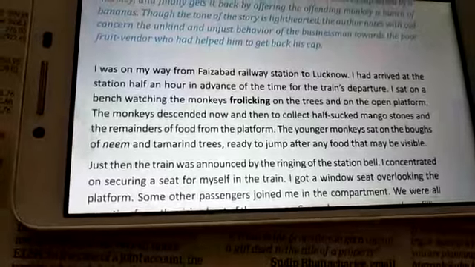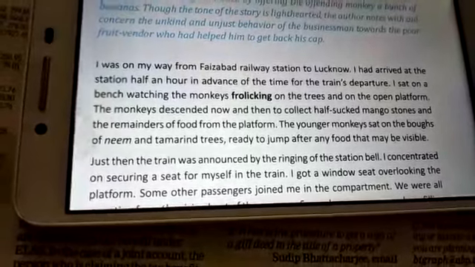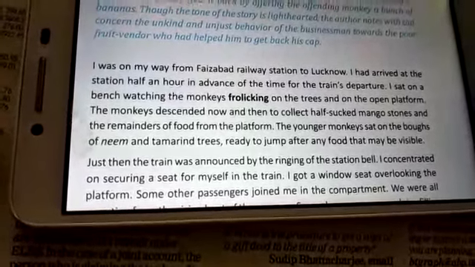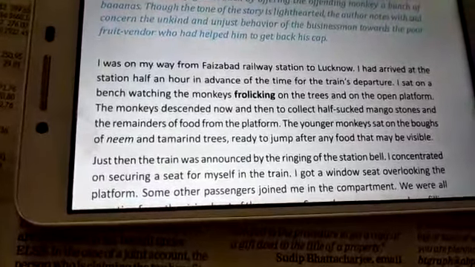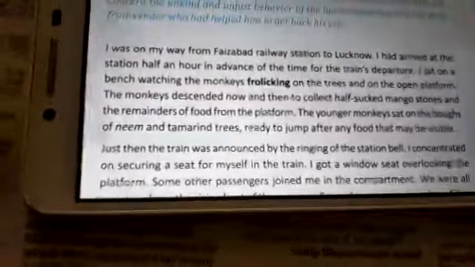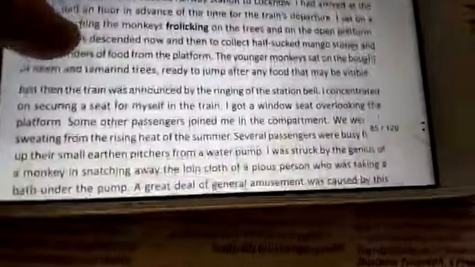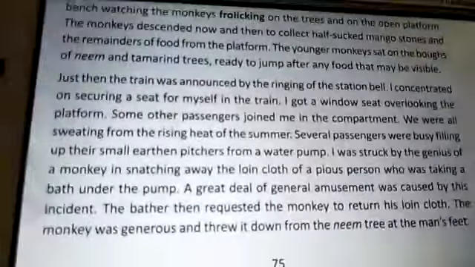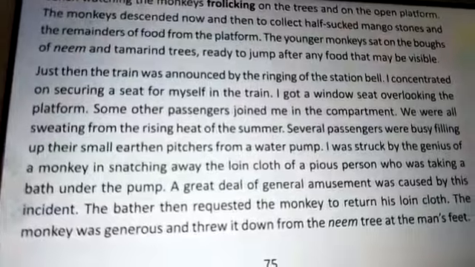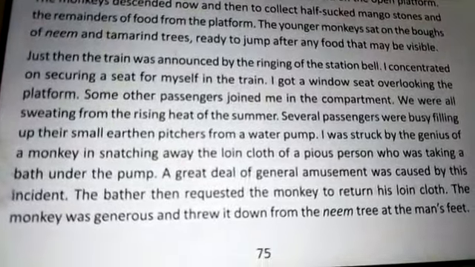The younger ones are very mischievous. They are looking down at any food which they can just snatch. So that is a picture of that Faizabad station, as narrated by our author.